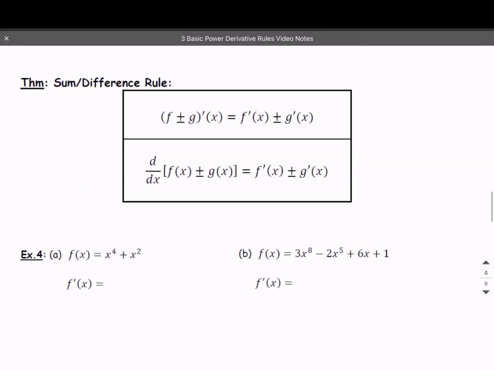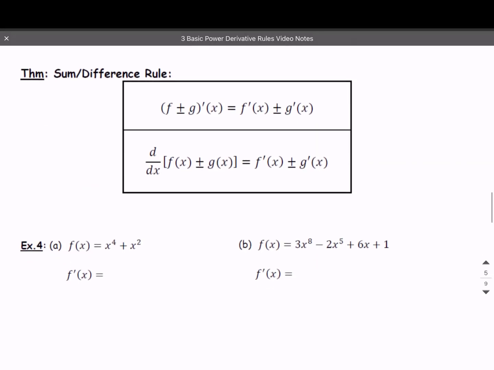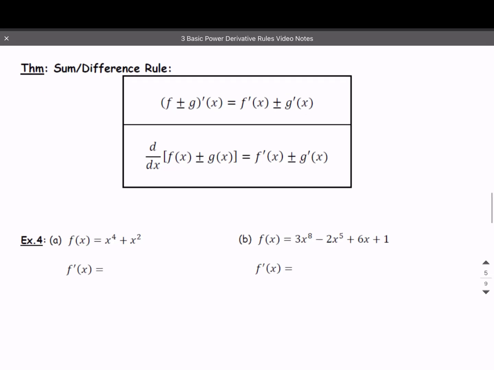There is another rule I want to show you today, and that's the sum or difference rule. Really, all it means is if you're adding or subtracting two functions and you want the derivative, you take the derivative of each part. In other words, if we have f of x is x to the 4th plus x squared, then to find f prime of x, we take the derivative of x to the 4th, which is bring down the 4, keep the x, 4 minus 1 is 3, and then we're going to add the derivative of x squared.